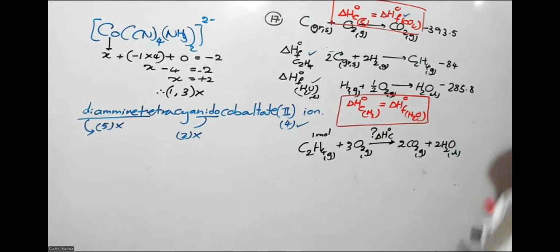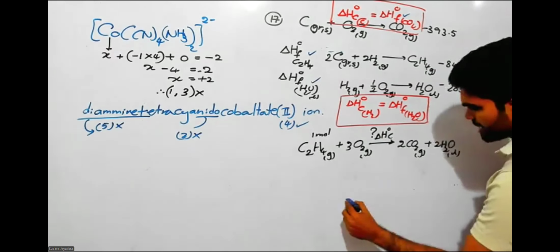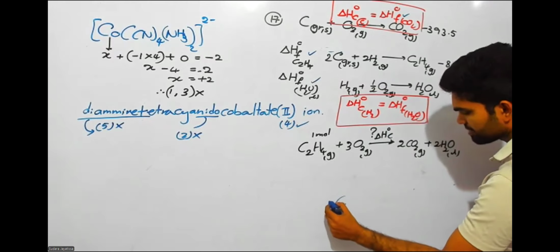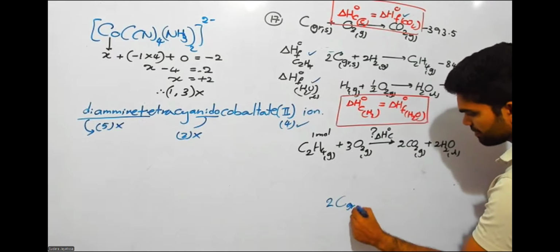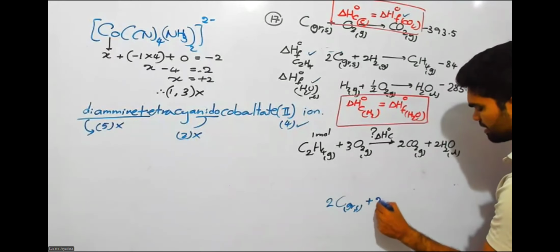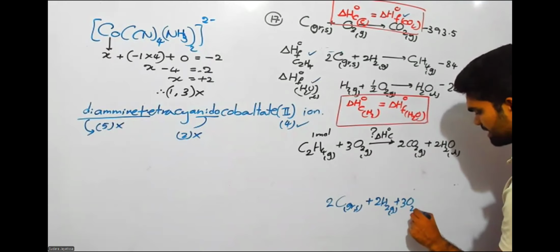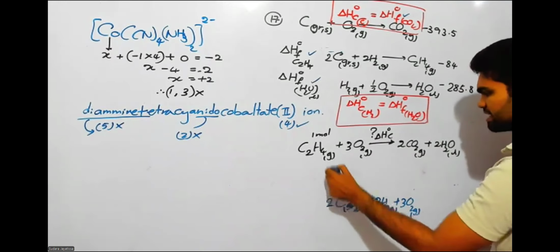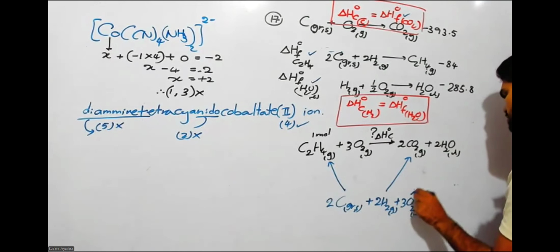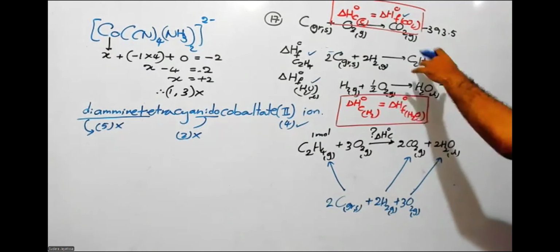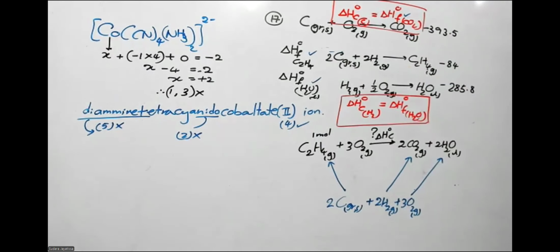Use that formation data, because if you know the formation enthalpies, there is a shortcut. 2 carbon graphite solid and 2 H2 gas, and with 3 O2 gas, you can make a nice thermochemical cycle once you know the formation enthalpies. That's easier. That's why you can get a thermochemical cycle also without going to any short methods. But it is time consuming.